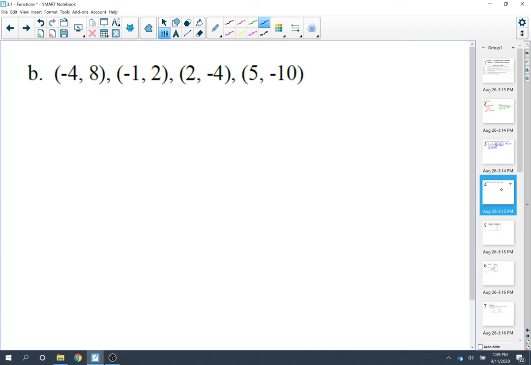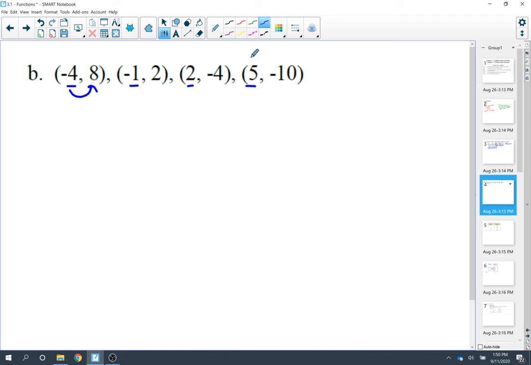So let's try this again. Here I have a -4, a -1, a 2, and a 5. Those are my input values. So I'm looking at my inputs and I'm going, okay, -4. Do I see another -4 as an input? It doesn't matter as an output. I'm just focusing on the inputs. Well, that's my only one, and it's being paired with exactly one output of 8, so that's okay. -1.